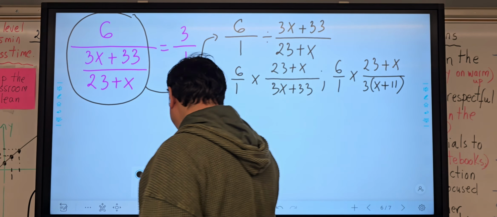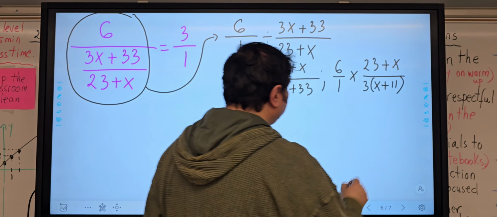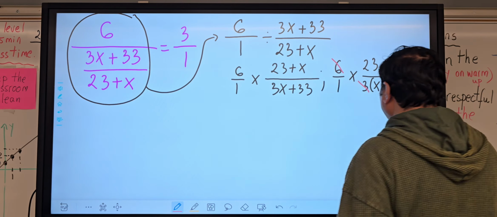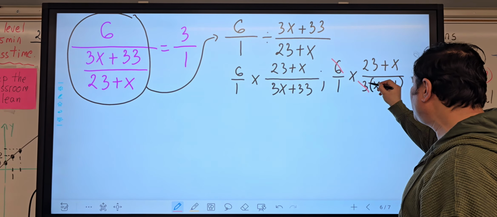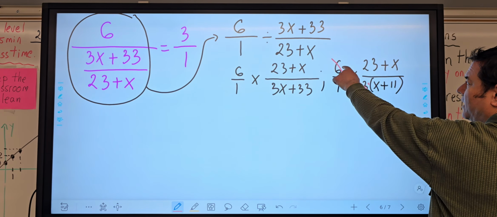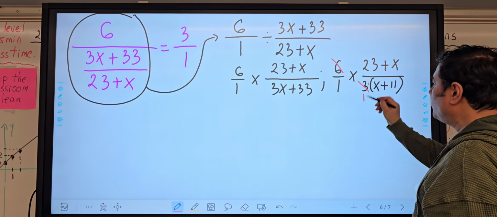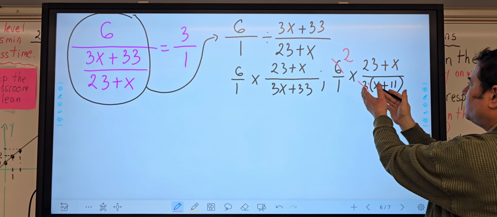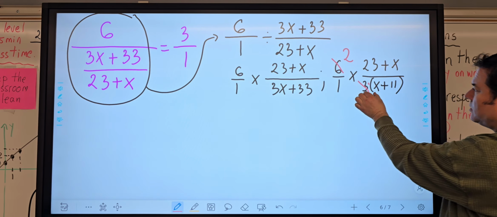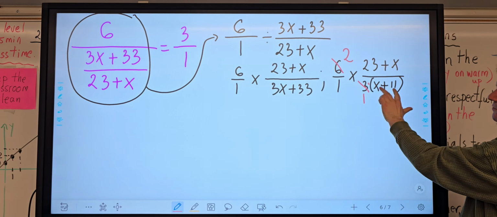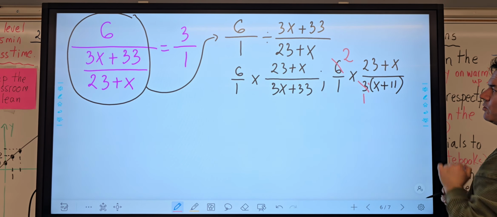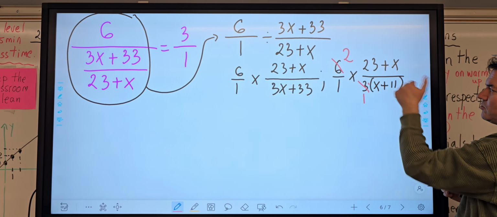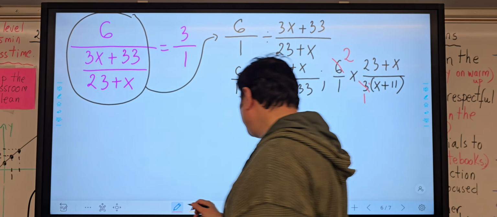The reason we did that is because now we can see that 6 and 3 divide. We have 3 times x plus 11, two products here, right? So we can divide 6 by 3 now, and we get 1 and 2 on the top.